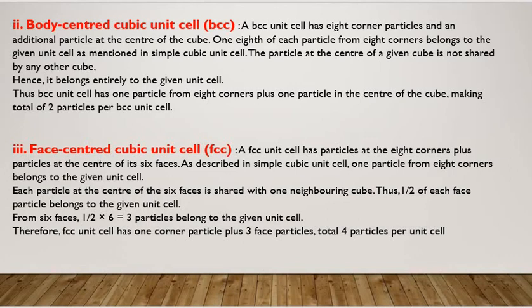So there are 6 faces, so 1/2 multiplied by 6 gives 3 particles from the faces, plus 1 particle from the corners. So in case of FCC, we get 4 particles per unit cell.